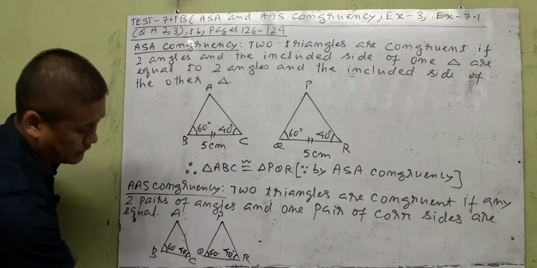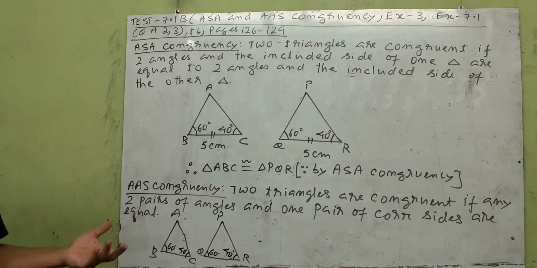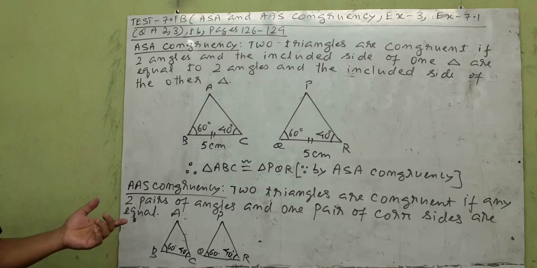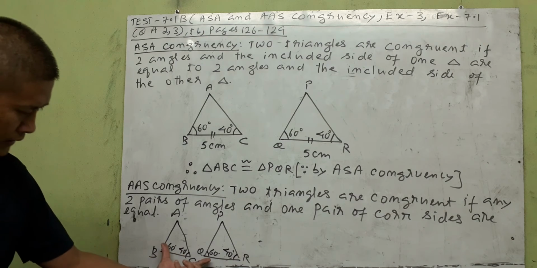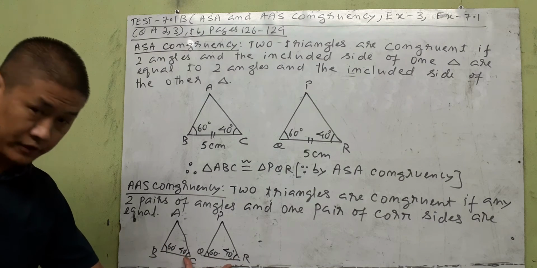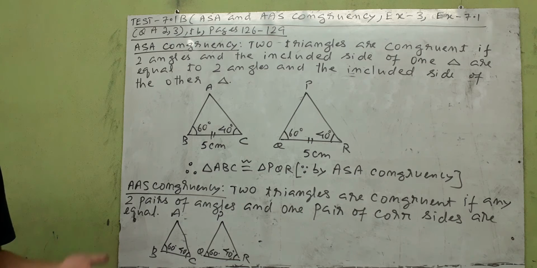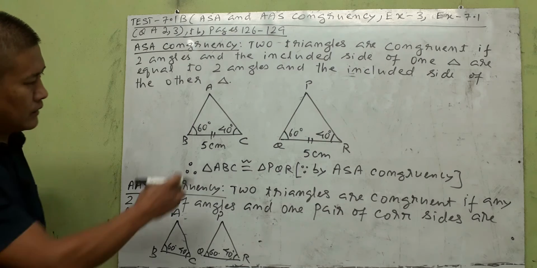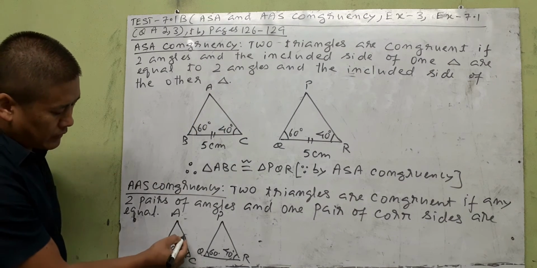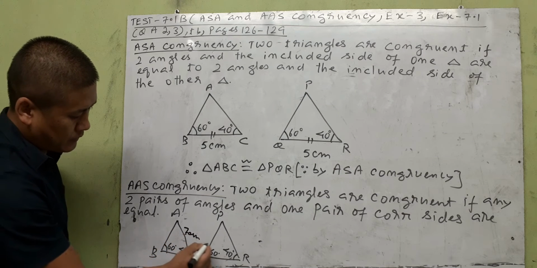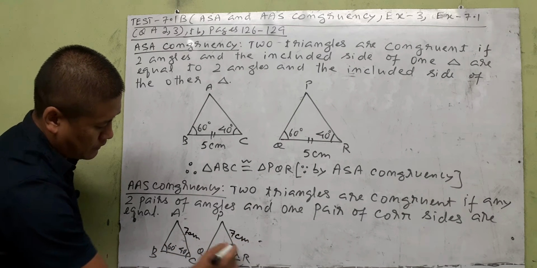You can write along with me. Any two pairs of angles: one pair 60, 60, second pair 40, 40, and one pair of corresponding sides. Here the condition is that the side can be anywhere, not necessarily in between. This can be, let us say, 7 centimeter, and this also 7 centimeter.